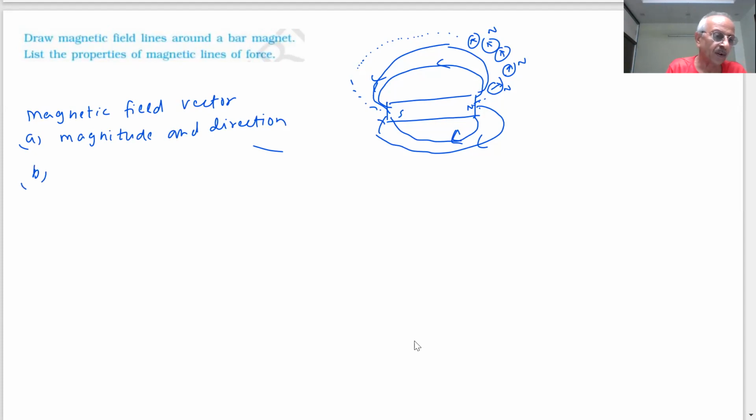If you want to find out the direction of the magnetic field, what do we do?